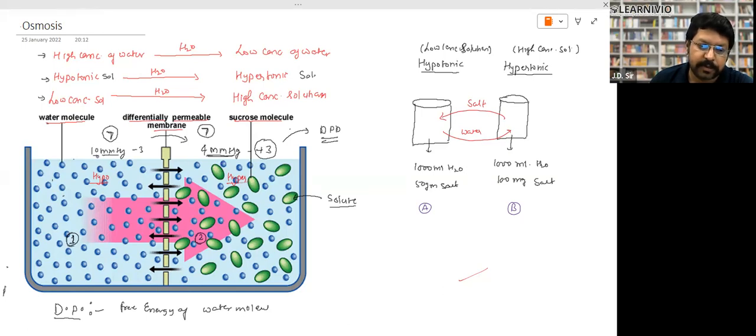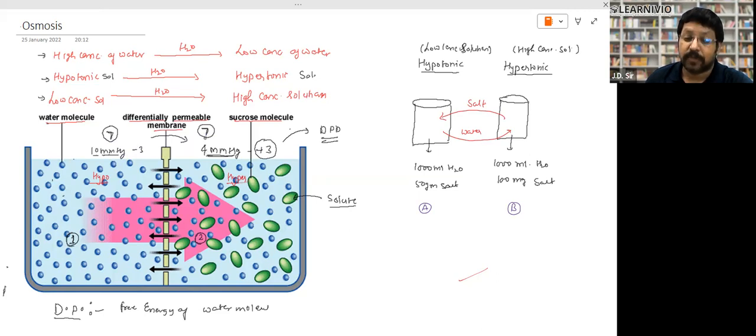So here the diffusion pressure is 10 mmHg. Here the diffusion pressure is 4 mmHg. So how much more diffusion pressure is required? How much deficit is there? When the diffusion pressure becomes equal, 7 at both of them, then this process of diffusion will stop, right? So here it is 10 mmHg, and it should be 7, meaning there is 3 extra, and here it is 4 mmHg.